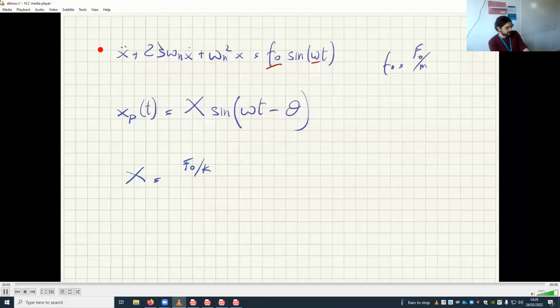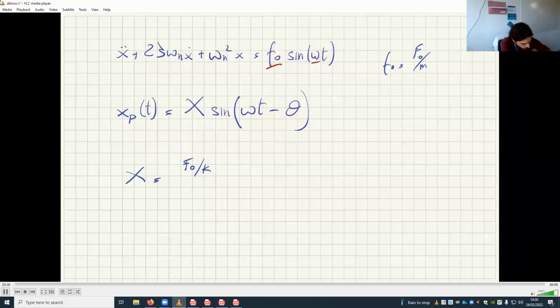So the same F0 that you get in the equation is not the same that you'll get from the force. This capital F0 is the actual force in Newton, the amplitude of the force that you are applying externally. This one is a force normalized by the mass. So this is Newton over kilograms, this F0 here.